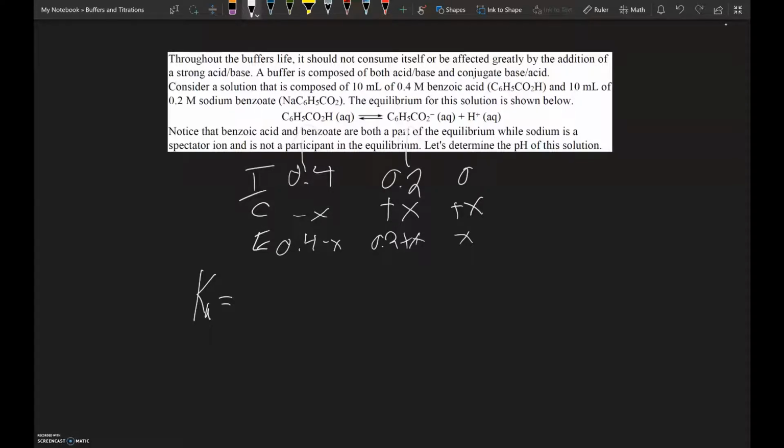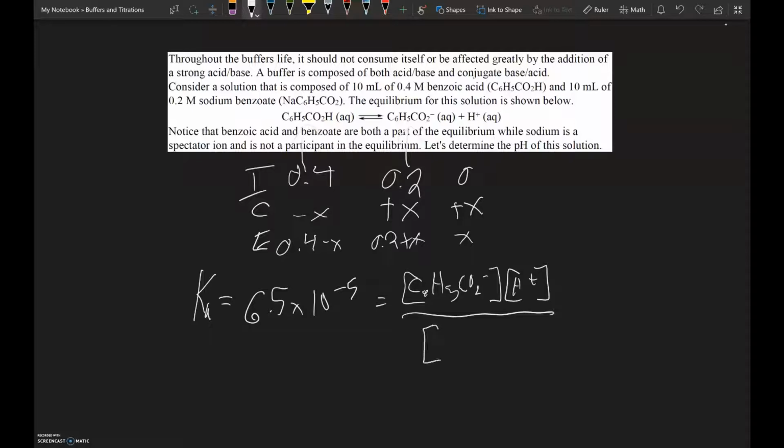Benzoic acid is 6.5 times 10 to the negative 5. We set that equal to the concentration of benzoate times the concentration of H plus, divided by the concentration of C6H5CO2H.